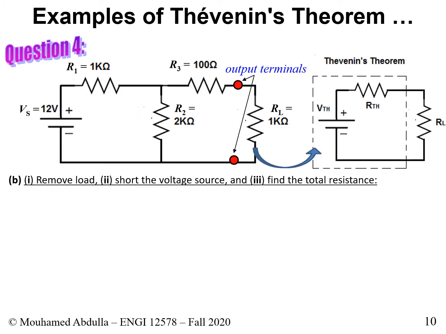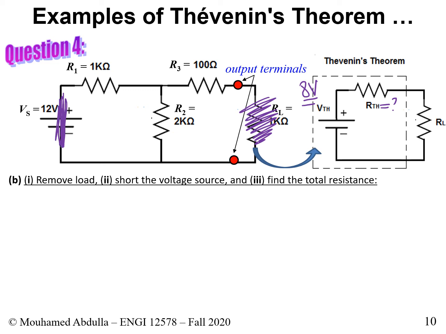At this point we have VTH. We know that the value for it is 8 volts. What we are looking for now is RTH. This is 8 volts, and this, we still don't know what it is. So for RTH, we go back to the original circuit. The process to find RTH is, number one, to remove the load, and then to short circuit the voltage source.